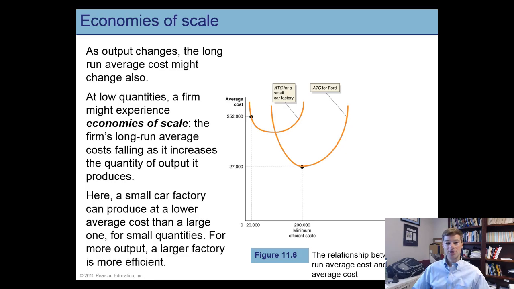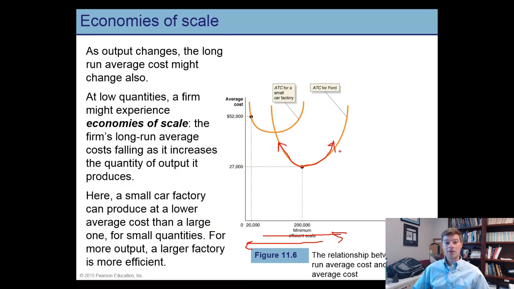If that's the case, then in the short run, the firm is going to find itself stuck on one of these scales of production. The factory is a fixed input, and the firm can't change the size of the factory that it uses in the short run, so it will have to increase or decrease output by sliding along the cost curve for that short run production process by increasing or decreasing the quantity of the variable input used.